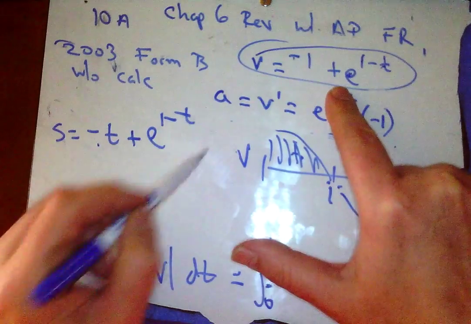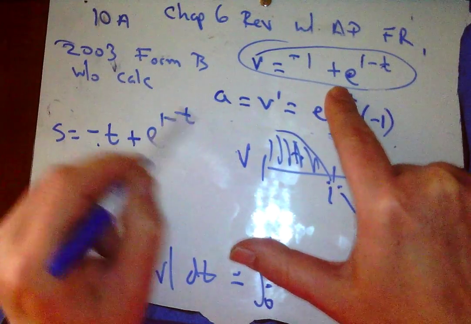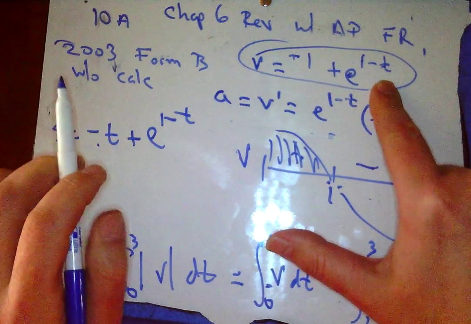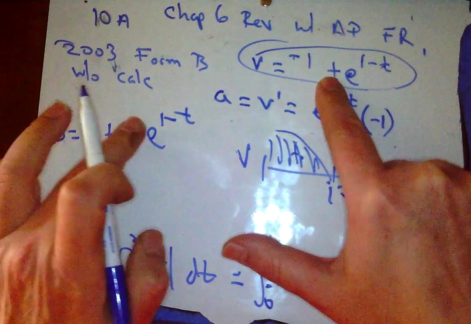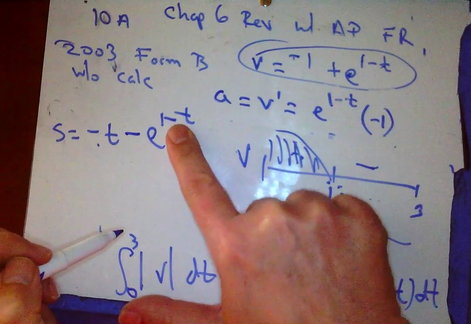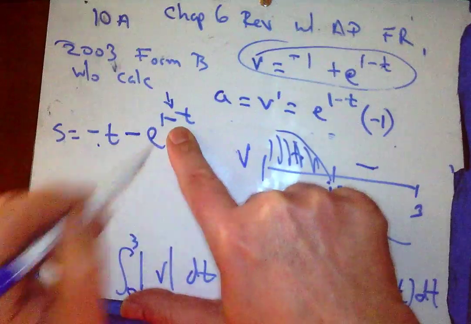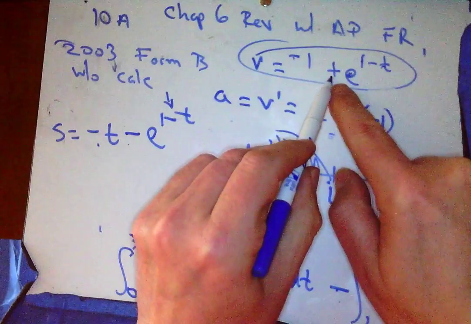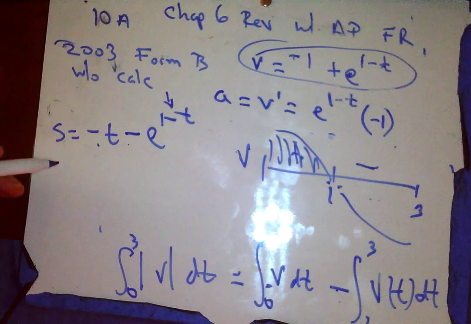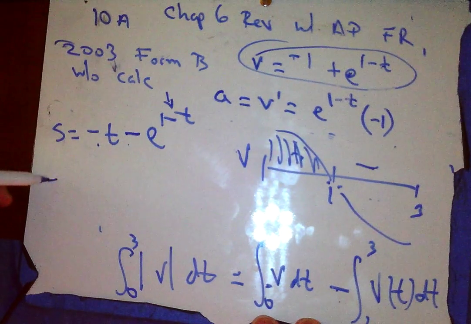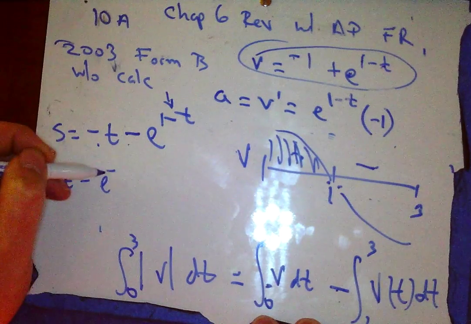And if I take the derivative of e to this stuff, I will have e to this stuff, but the derivative of the inside is a minus. So, since there's no minus here, there must have been something present in the original function, so that when I took the derivative and using chain rule came up with that minus, there was already a minus there to turn this into a positive.